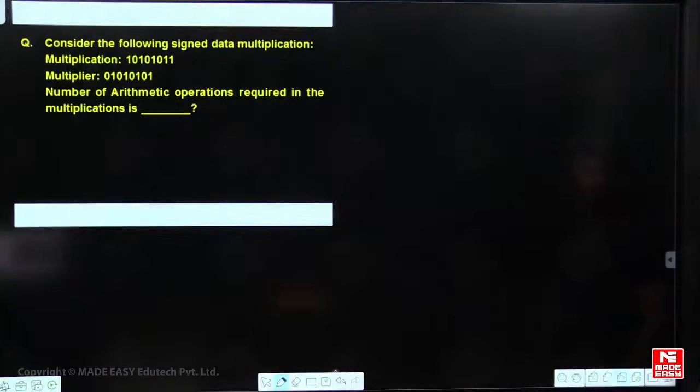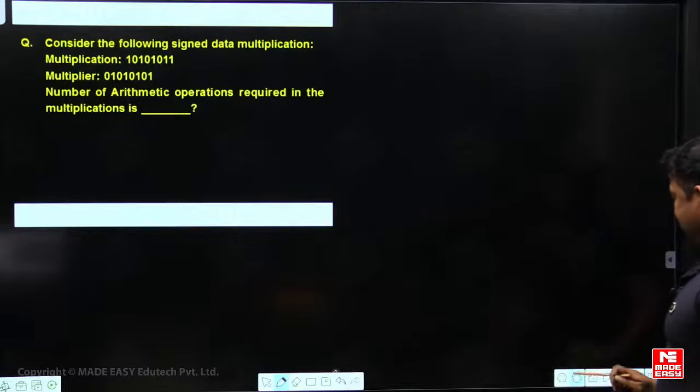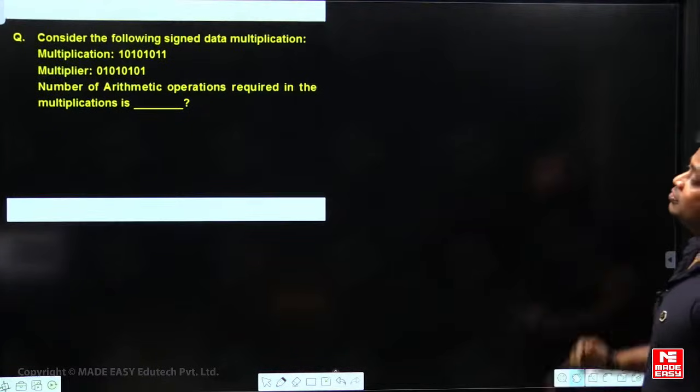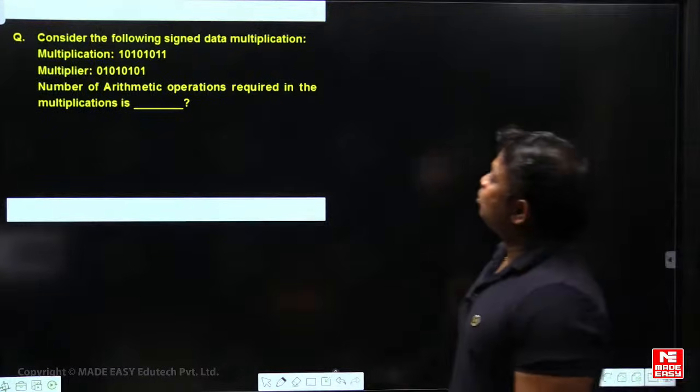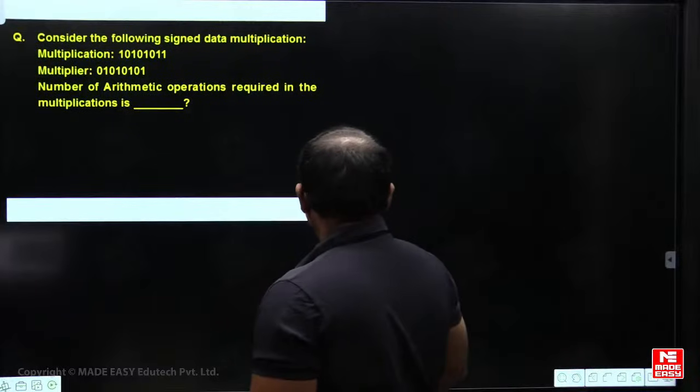Now this is the next question. All of you verify the question. Consider the following signed data multiplication.